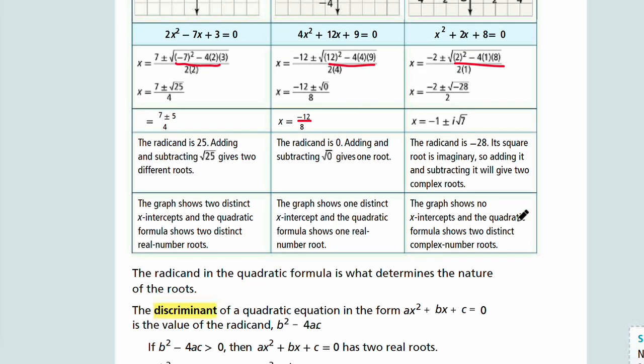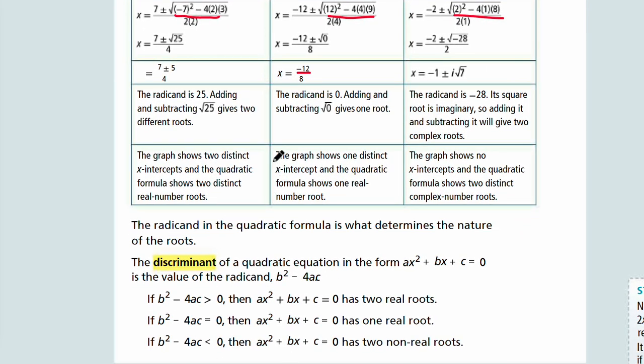So this is called the discriminant, and the discriminant could be represented as b squared minus 4ac when you have a standard form of the quadratic equation. So when the discriminant is greater than 0, which means it's positive, you have two real roots. When the discriminant is exactly 0, you have one real root.